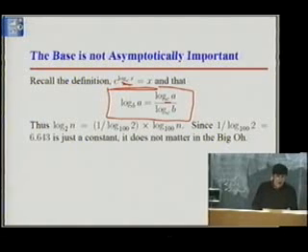It says that the log base b of a is the log base c of a divided by the log base c of b. So what is interesting? Suppose we rewrite a and call it n.